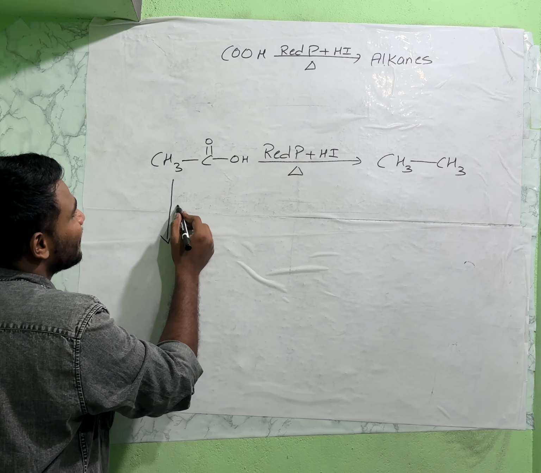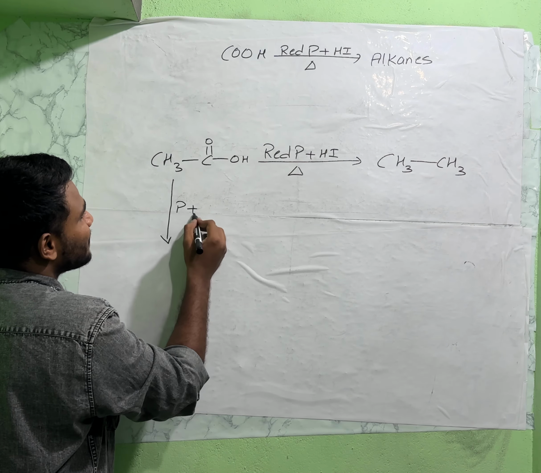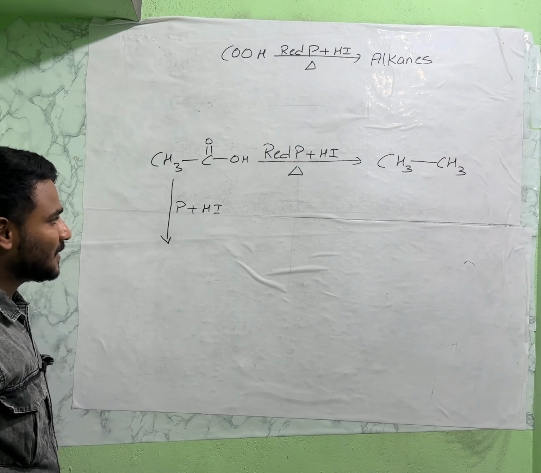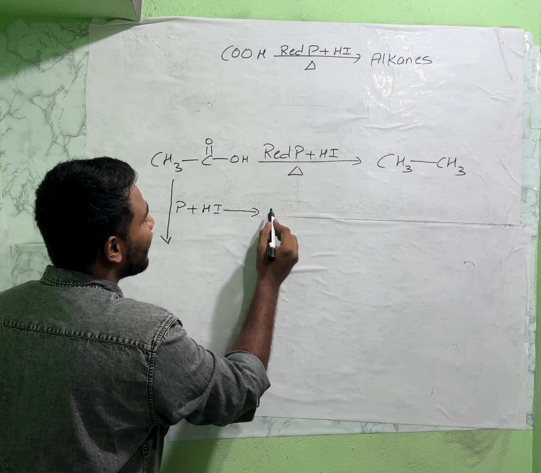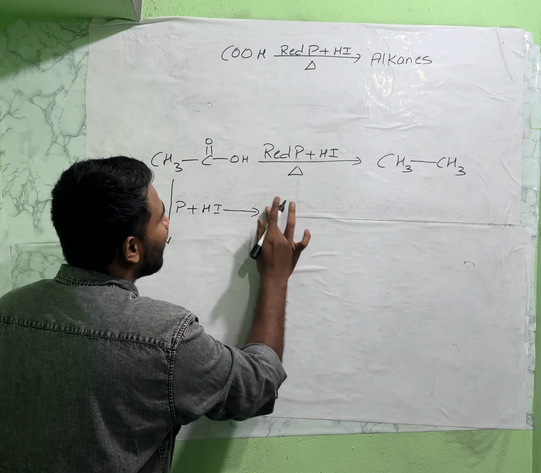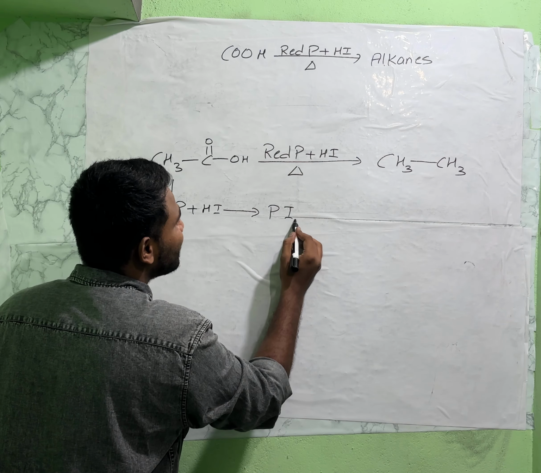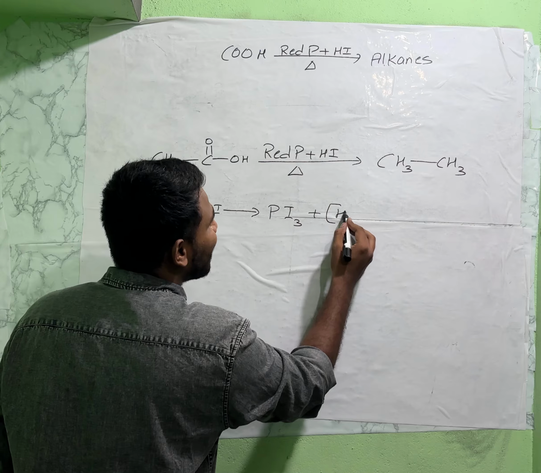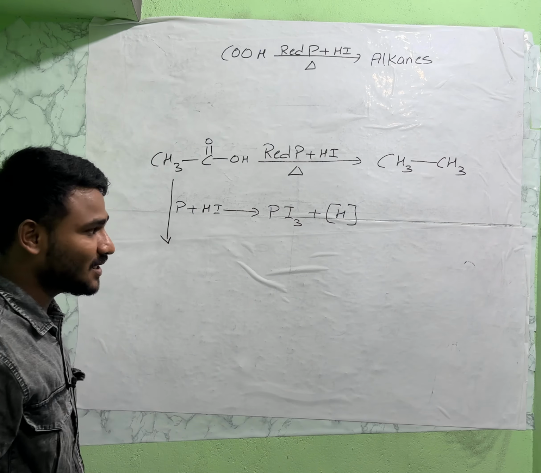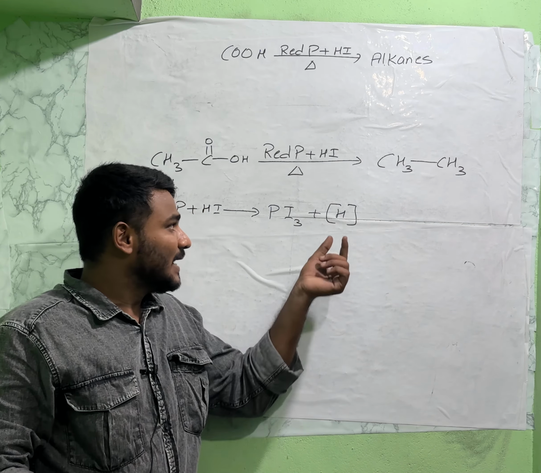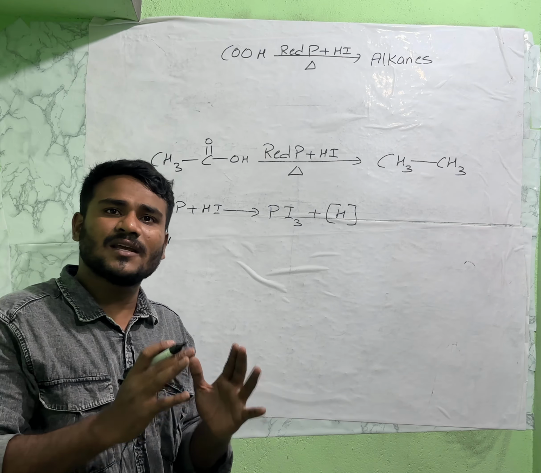If you see here, with phosphorus plus HI, what happens? PI3 and nascent hydrogen are produced here. This nascent hydrogen is very reactive.